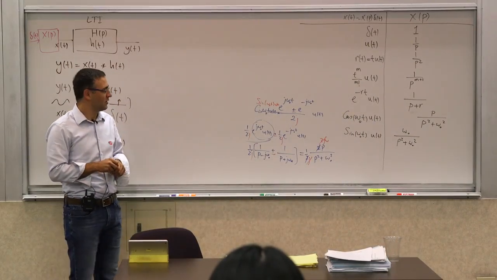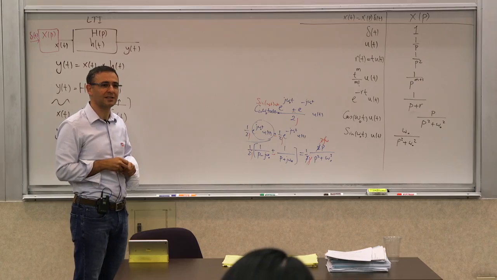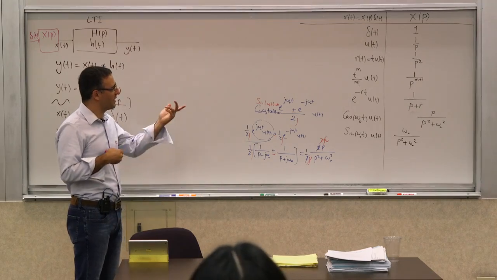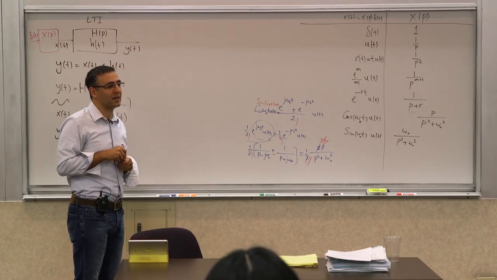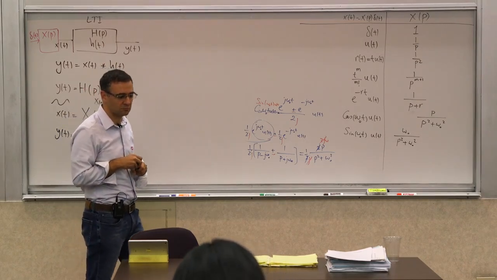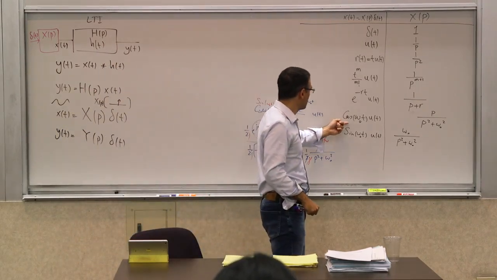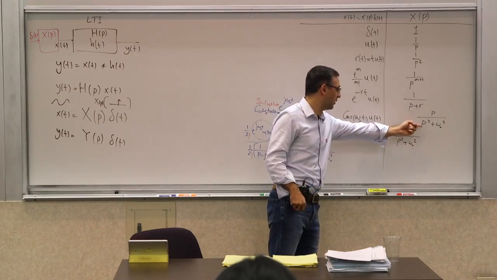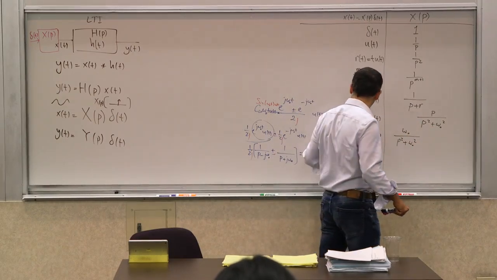Right? So now you can see the pattern, right? You can see that for the cosine you get the p, for the sine you get the omega naught. So I can even express cosine and sine in terms of an impulse. I can generate them off of an impulse with these operators.